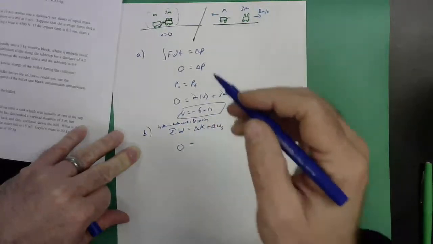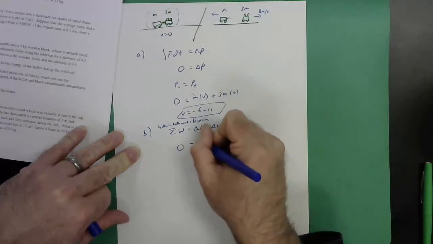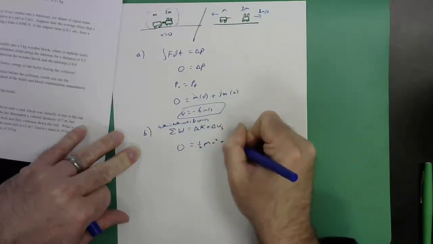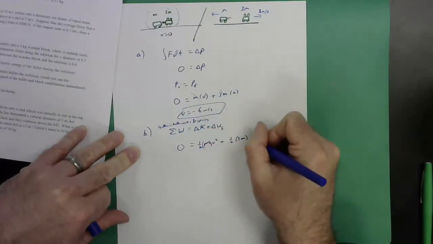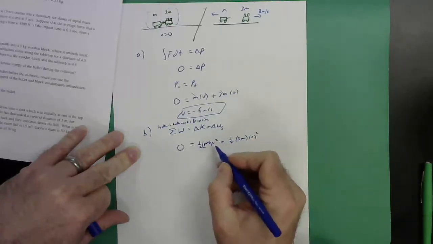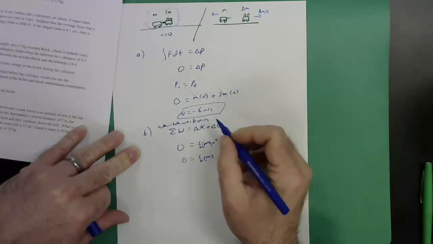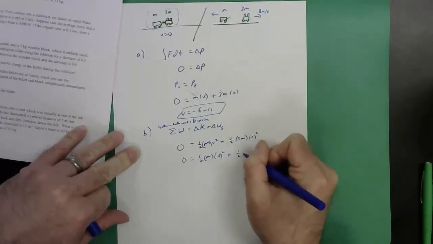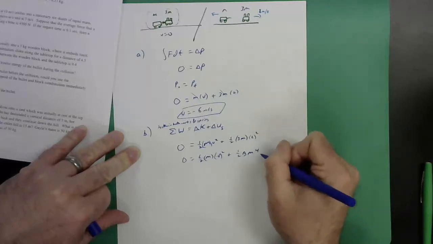Now I'm going to have two final kinetic energy terms, since I've got two things moving. So I have 1/2 m times its final velocity squared plus 1/2 3m times its final velocity squared. Its final velocity is 2 squared. The velocity of this guy, we just solved that it was, well, negative 6. 2 squared is 4.